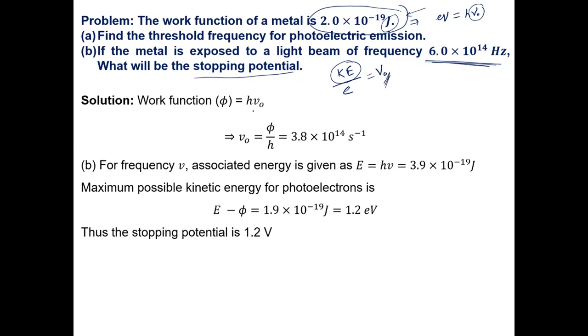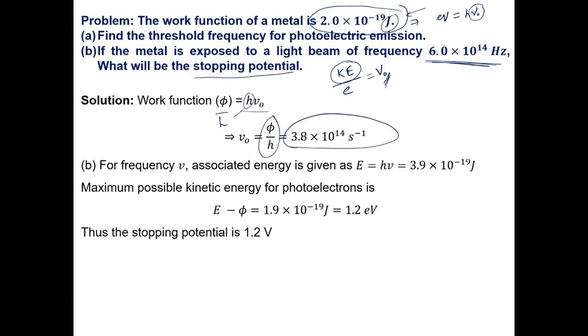So work function, as I mentioned, is h nu naught, where nu naught is the threshold frequency. So threshold frequency is basically phi by h. In this case phi is the work function, so h goes to the other side and it becomes phi by h. Phi is given, h is Planck constant, so the threshold frequency comes out to be 3.8 into 10 to the power 14 per second.